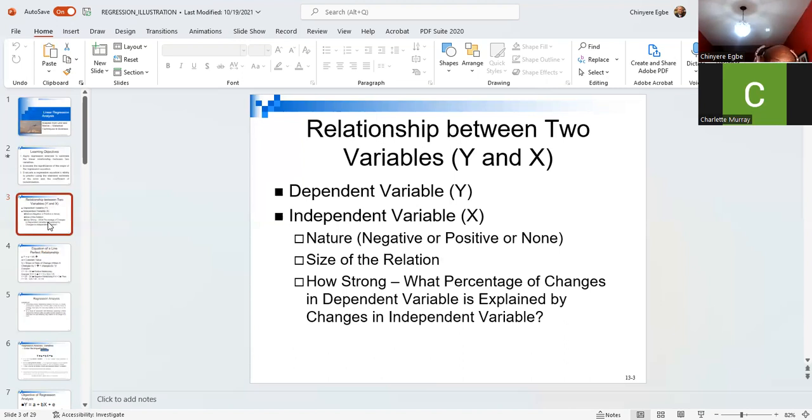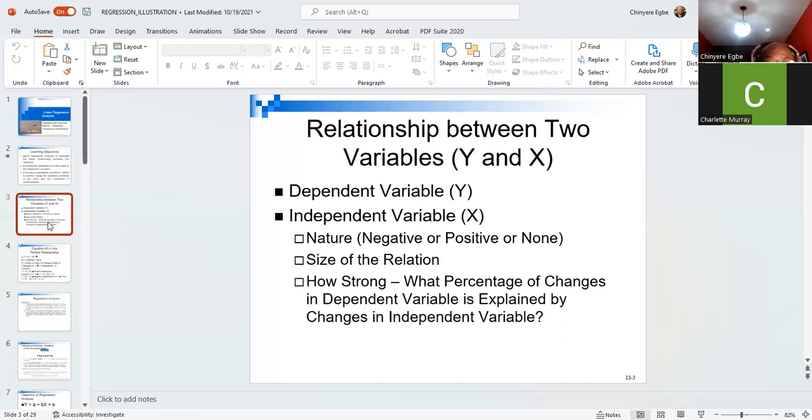One is the nature of the relationship, okay? So if you take two variables and you say, what is the nature of the relationship between those two variables? The nature of the relationship could be a negative relationship, which is to say, as the independent variable changes, the dependent variable will change, but in a negative way.